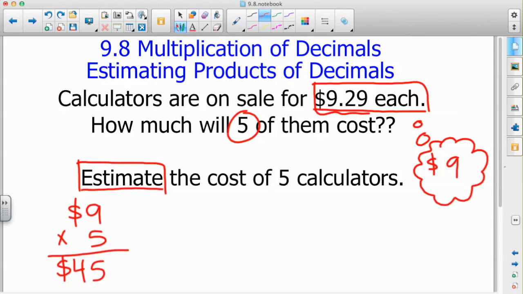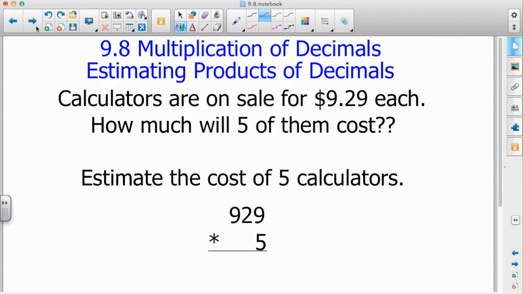So without doing too much difficult work, I know that the estimate of the 5 calculators is about $45 or so. Let's go ahead and now solve this problem. When I multiply decimals, it's not essential that I include the decimal point in my multiplication problem.